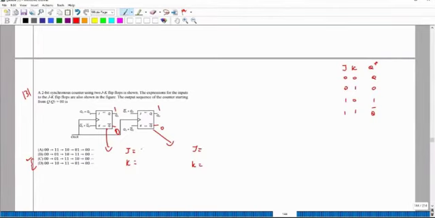This is 1 and this is 0, and for this one, this is 1, this is 1, and this is also 1. So my 1 will move to 0, and if it is 1, 0, it will remain in 1, 0. So C is my answer.